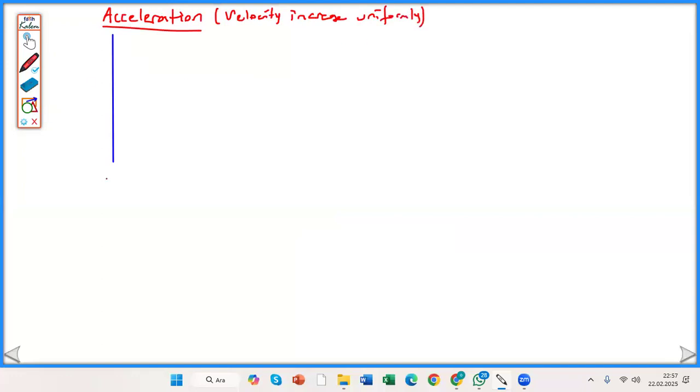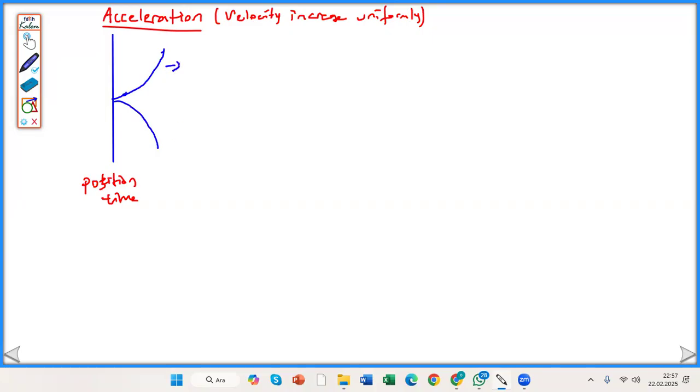This is the position time graph. So it changes like this.